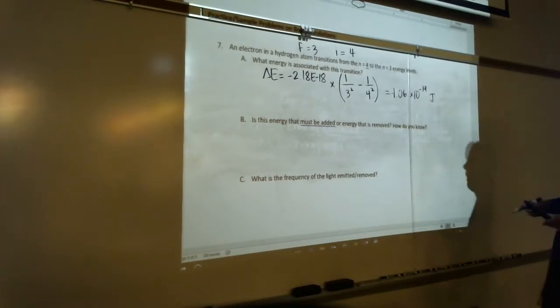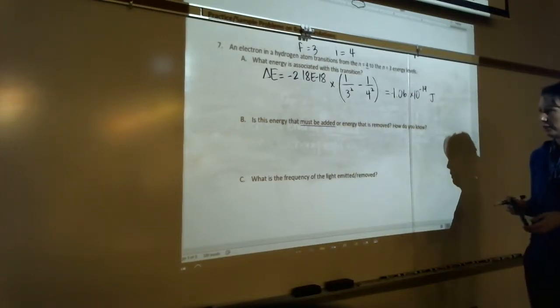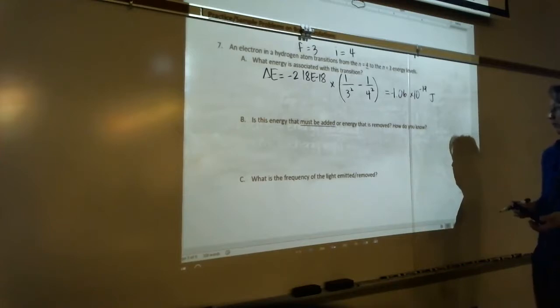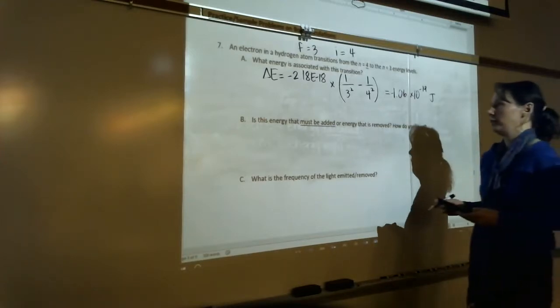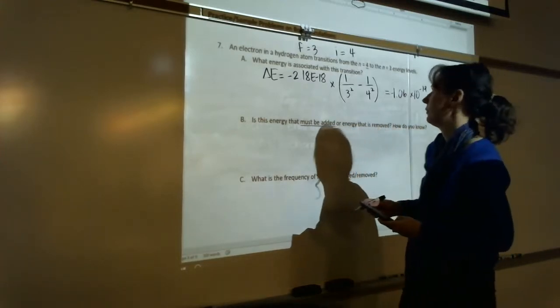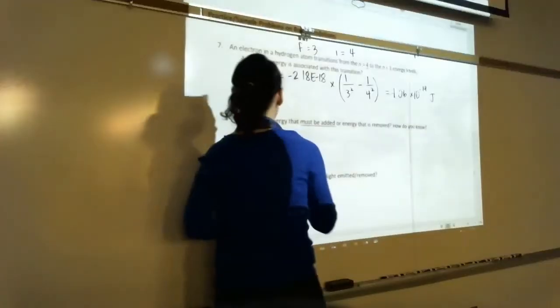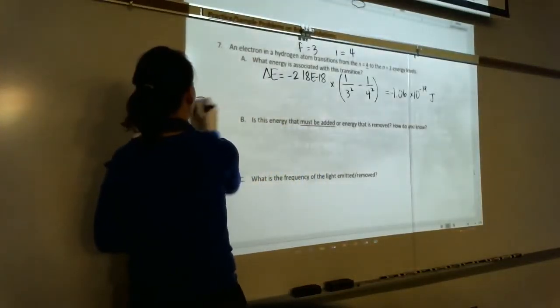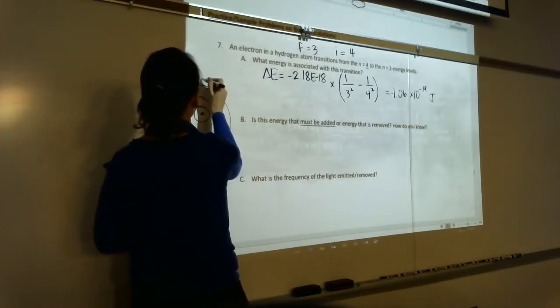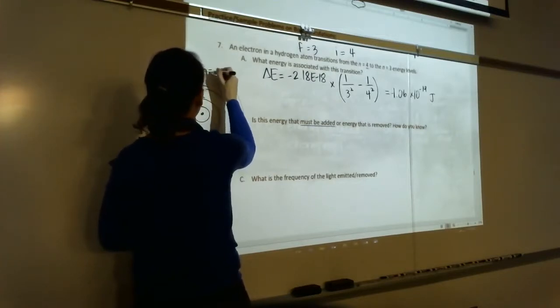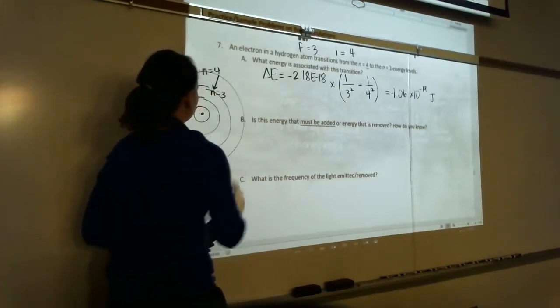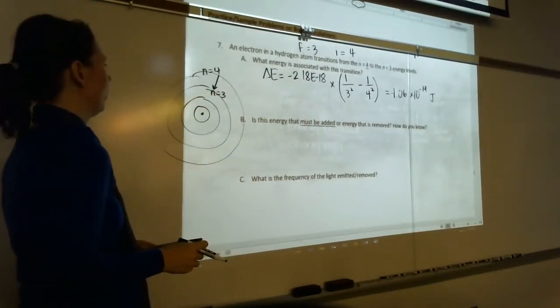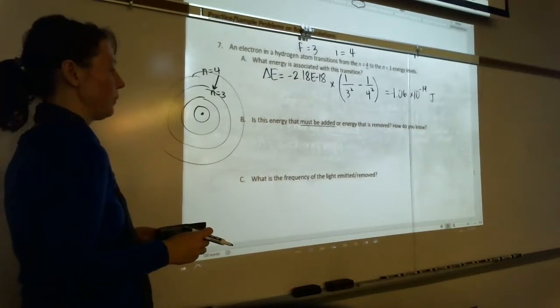Okay, is this energy that must be added, or is this energy that is released, removed? How do you know? Which one is it? You're starting out, here's n equals 4, going down to n equals 3. So, is this energy that's going out or must be added in?